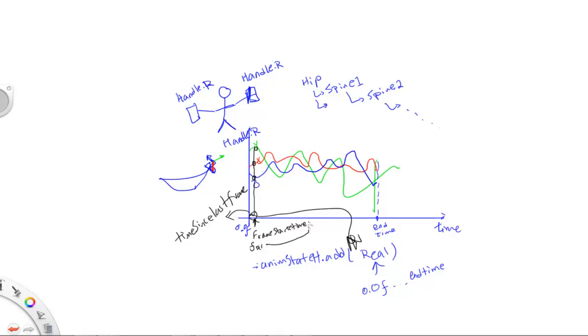Then let's say that frame 2 happens here. When frame 2 happens, you're going to look and see how much time that was. So this will now be your time since last frame.